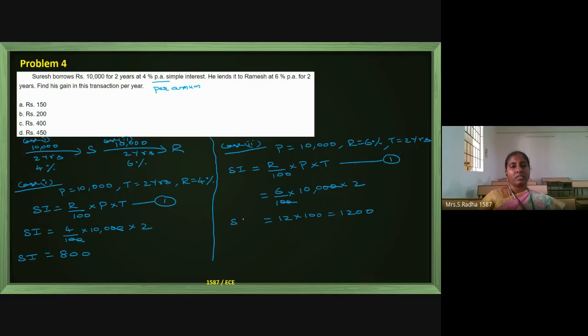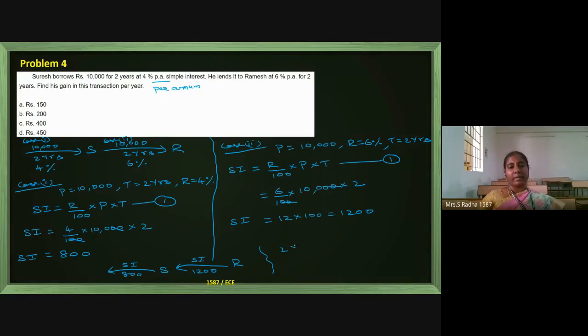From Ramesh, Suresh will be getting 1200 rupees, and he has to pay back 800 rupees. Out of 1200, he is going to pay 800 as simple interest.